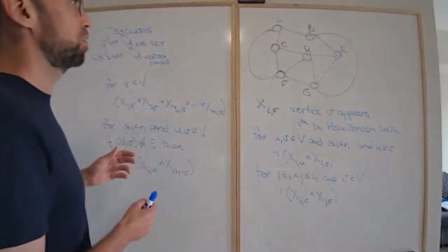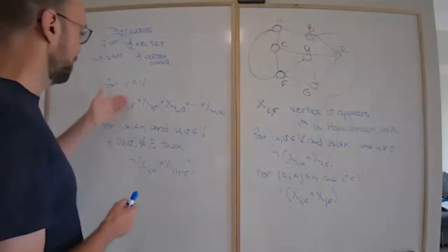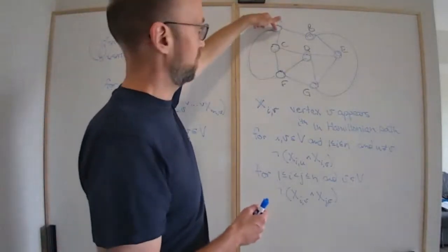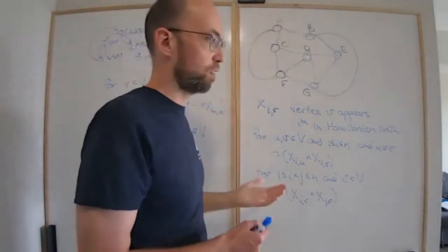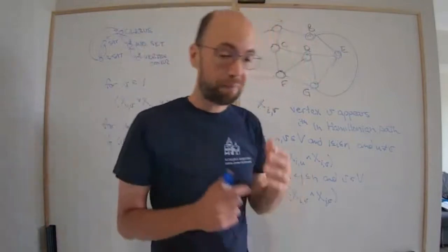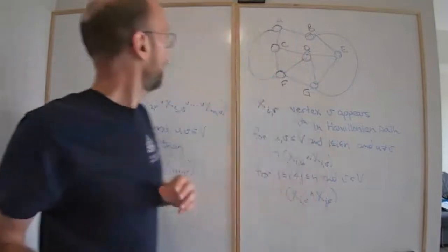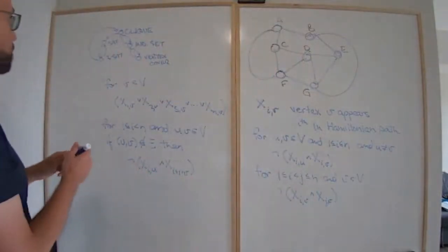Are there 7 things? 1, 2, 3, 4, 5, 6, 7, yes. It is not the case that if A is the second vertex, G is the third vertex, because there isn't an edge. Okay, so you write this. So Ham path, sorry about that.